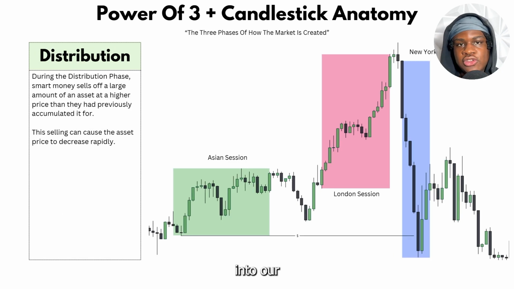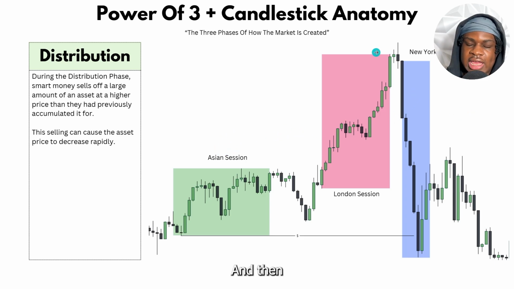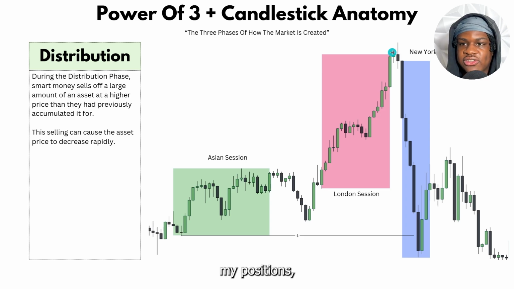And then we get into our distribution phase. And this is where smart money will then begin to sell off a large amount of that asset they just bought at a higher price that they had previously accumulated. This sell can cause a rapid decrease in price. And then as we reach a level to where smart money deems, this is an area where I want to offset my positions, this is where they'll begin selling their positions.